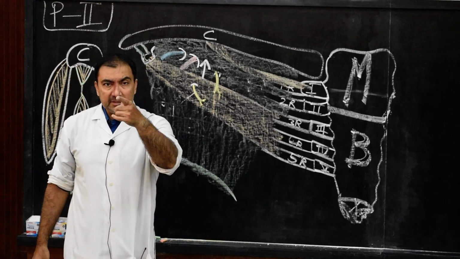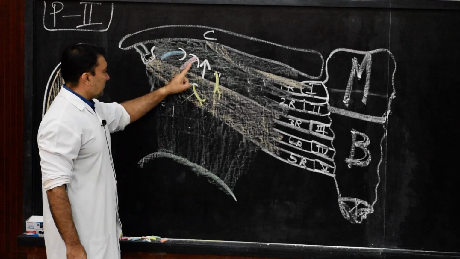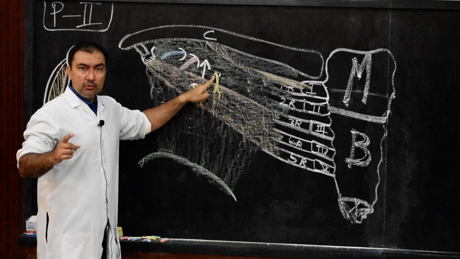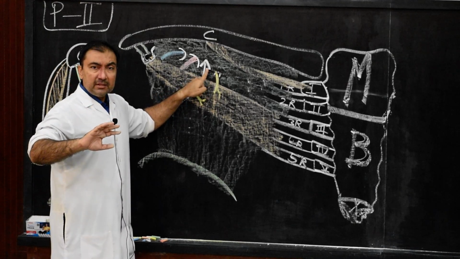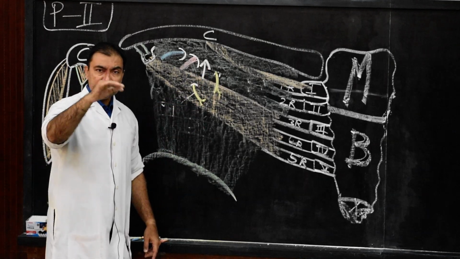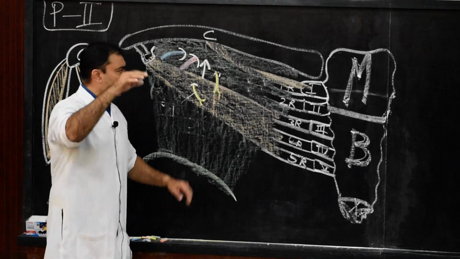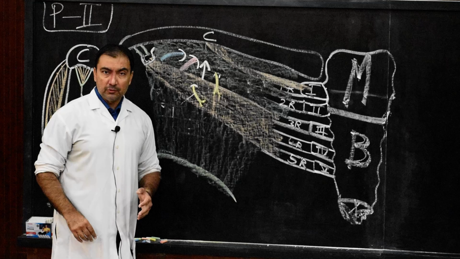So four structures are piercing the clavipectoral fascia: cephalic vein, thoracoacromial artery, lateral pectoral nerve, and the lymphatics from infraclavicular group as well as from the breast, which after piercing will open in the apical group of axillary lymph nodes.